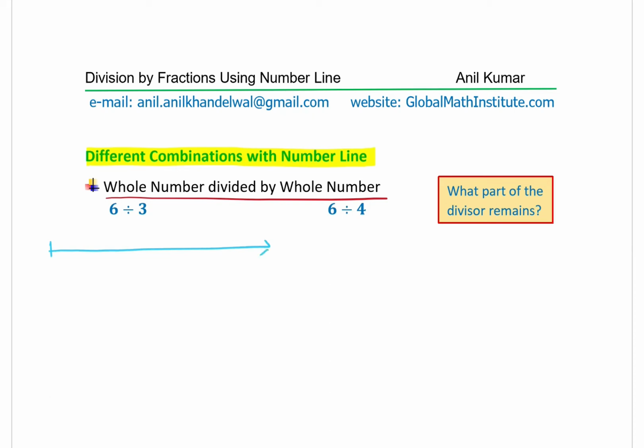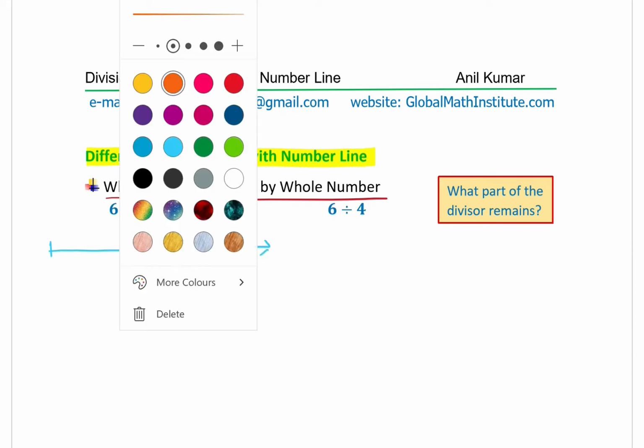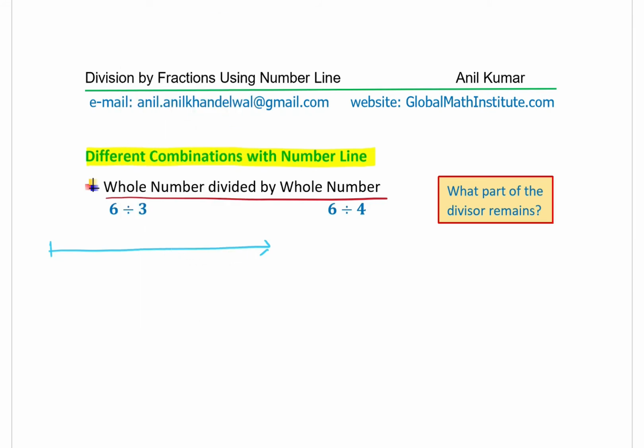So 6 divided by 3. So what we have here is, let's say 6, 1, 2, 3, 4, 5, 6. So that is the number 6 we have. We have 1, 2, 3, 4, 5, 6. We are going to divide this by 3.